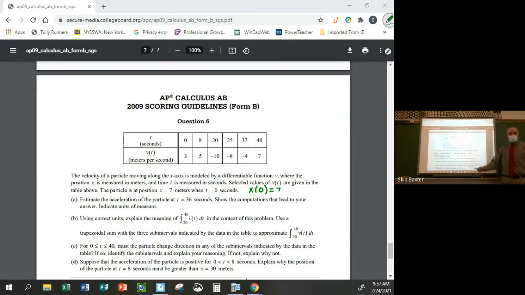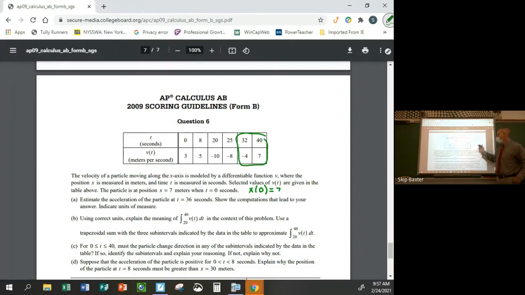How do you do that using a table, if this is the velocity? First of all, how are velocity and acceleration related? Acceleration is the derivative of velocity. So generally, how do you estimate a derivative using a table? Yeah, you pick points on either side. In this case, I'm going to pick these 2 points and do the average rate of change.